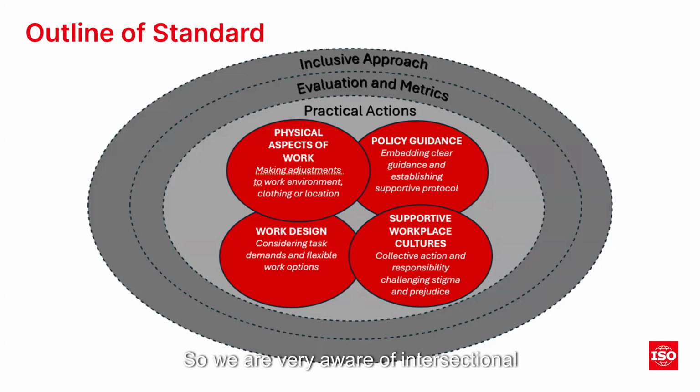So we are very aware of intersectional disadvantage, where menopause and menstrual health intersect with a variety of gender-based or age-based biases, but also other conditions as well, such as conditions that may be arising from a disability or another health condition as well. We're also very aware of the importance that any approach is evidence-based.